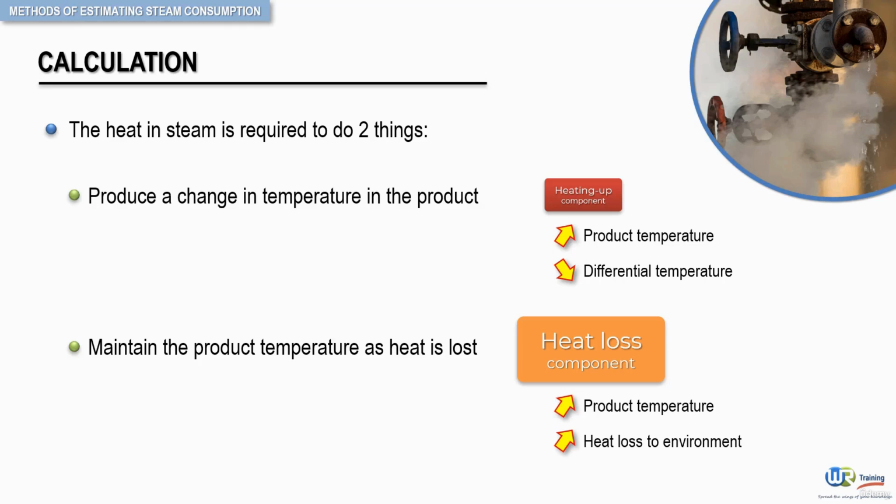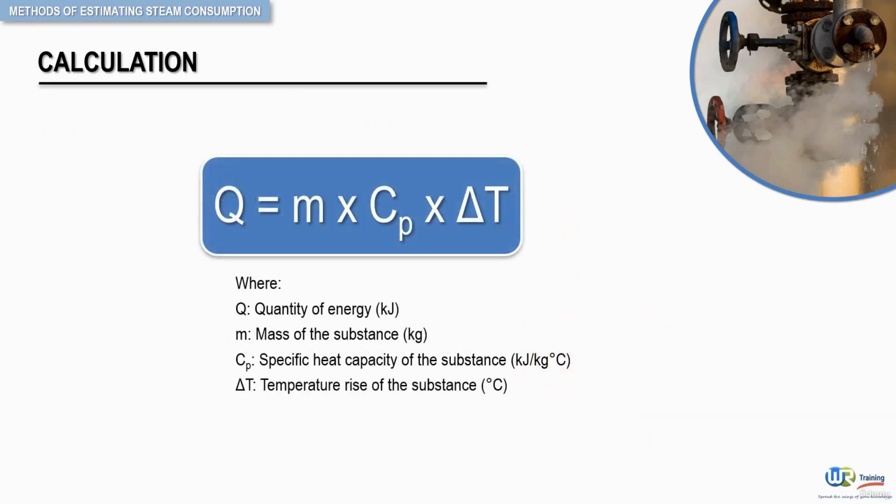The equation used to establish the amount of heat needed to raise the temperature of a substance can be developed to apply to a range of heat transfer processes, as depicted here, where Q is the quantity of energy, m is the mass of the substance, C sub P is the specific heat capacity of the substance, and delta T is the temperature rise of the substance.